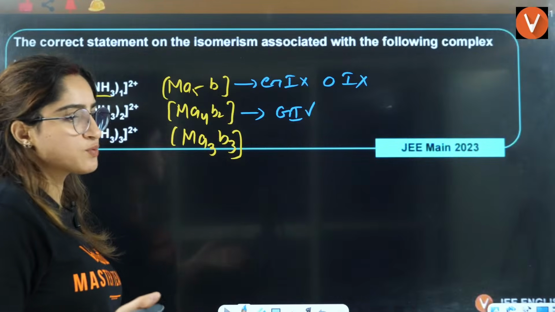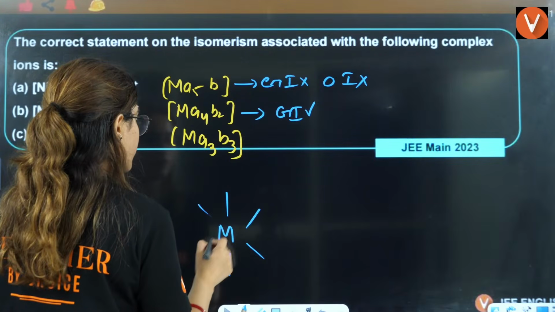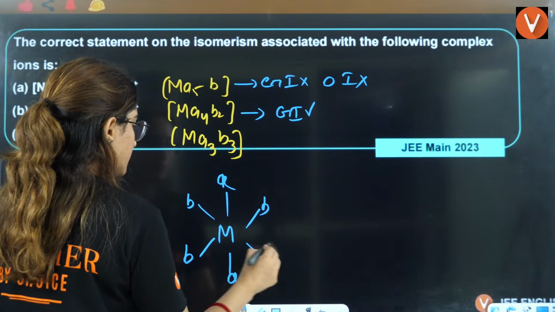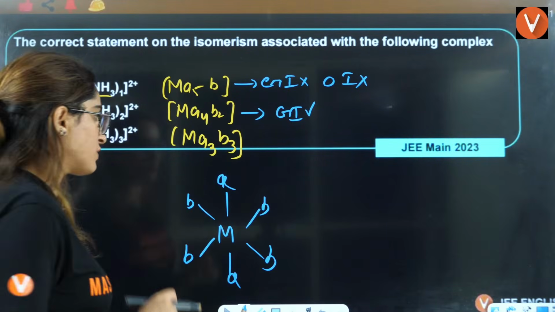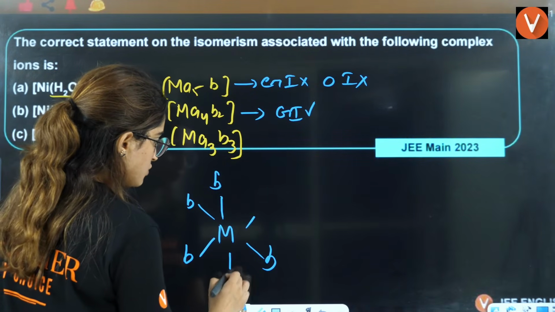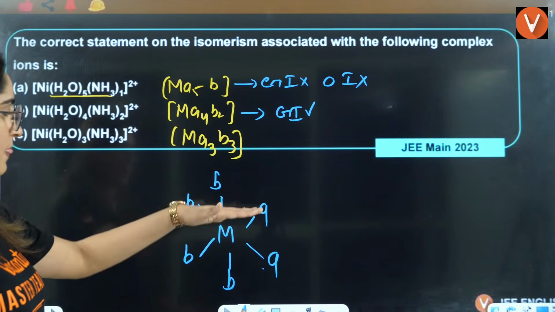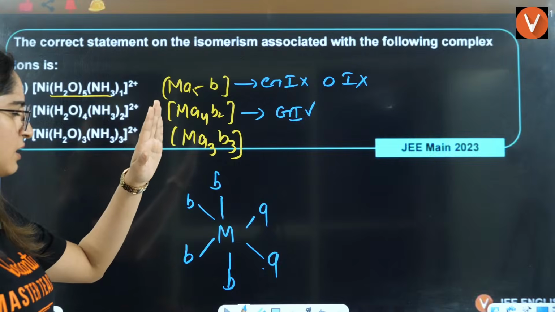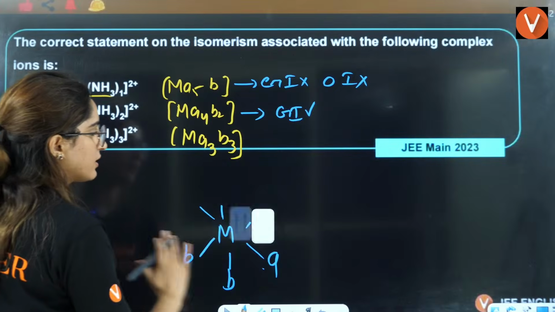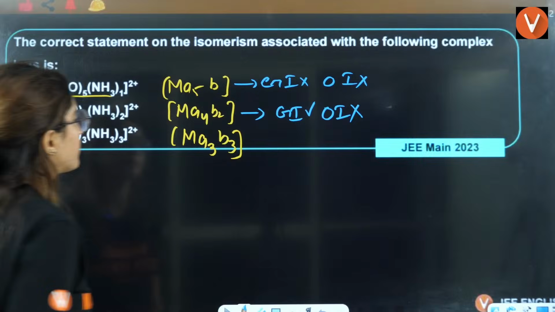And optical isomerism, if you talk about cis, 1, 2, 3, 4, 5, 6, A and A, this is B, B, B, B, this POS will pass. If you talk about this B here, this is also B, and this is A and A. In this also you can easily pass the POS. So you have to imagine that. So optical isomerism will not be present.